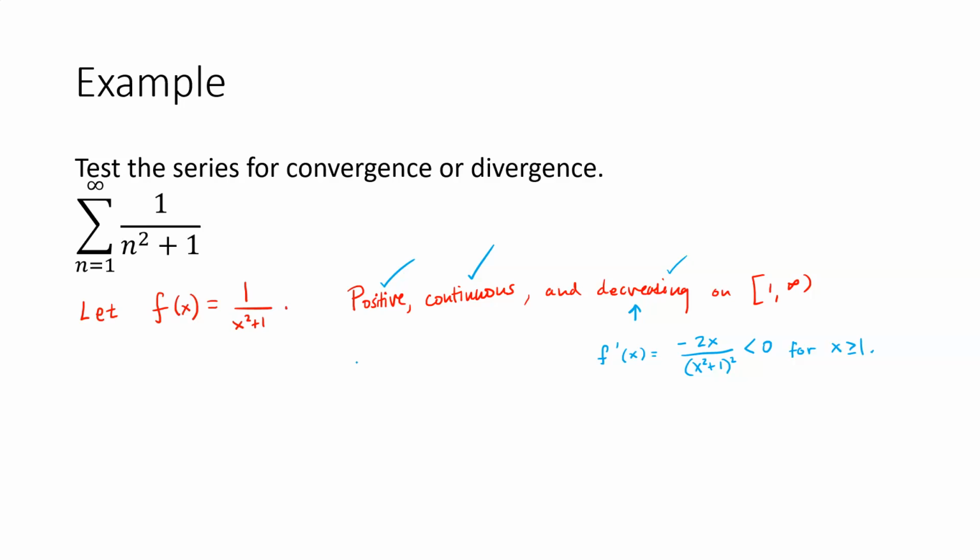Okay, so now that we know it satisfies the conditions of the integral test, let's take the integral from 1 to infinity of 1 over x squared plus 1. We know that the integral of 1 over x squared plus 1 is tan inverse.